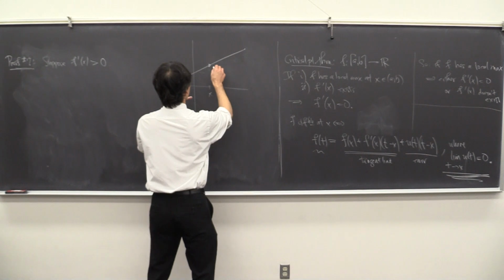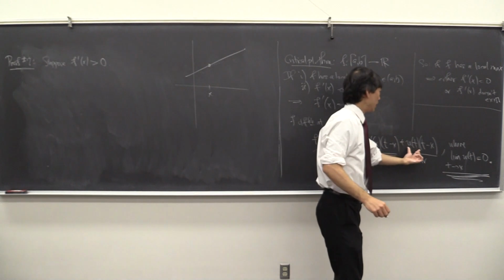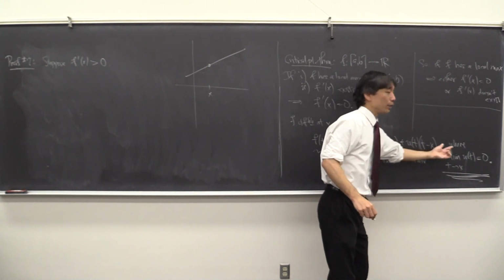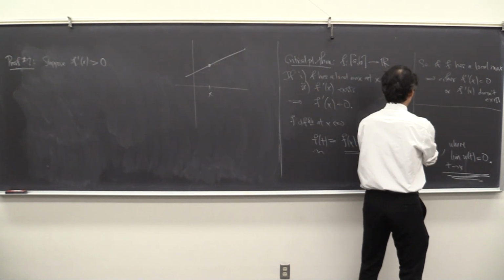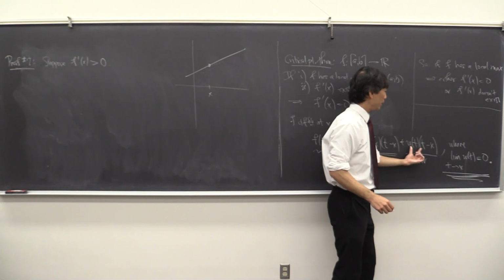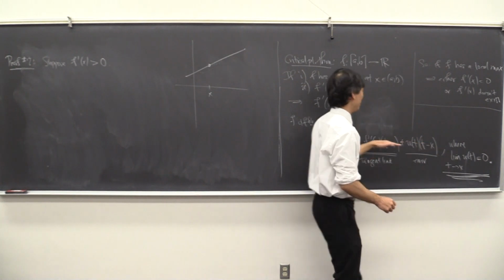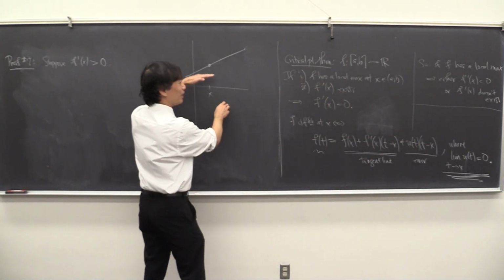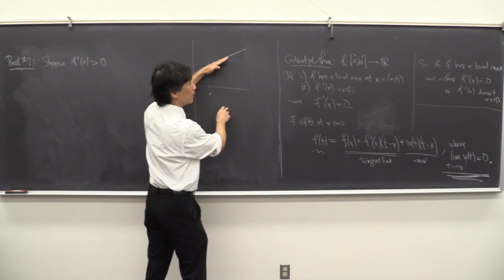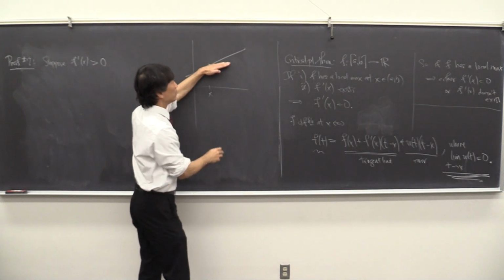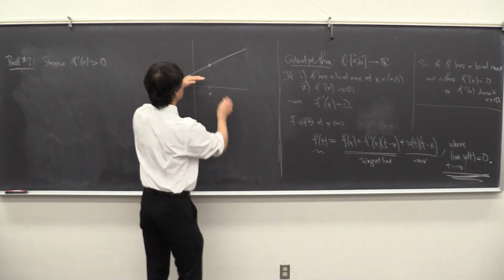Now we know that u of t is going to go to 0. So this thing that we're adding on is adding on something that's at worst linear.